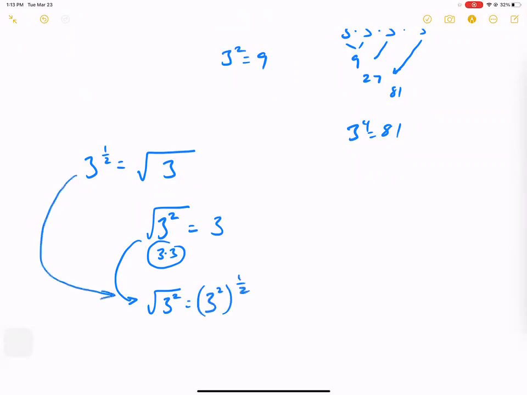Because a 1/2 exponent is really a square root. Right, let that squeeze into your brains. A square root here is really a 1/2 exponent. So I wrote the square root as a 1/2 exponent. If we multiply this together, 2 over 2 is just 1. That's equal to 3. Back to our answer over here.